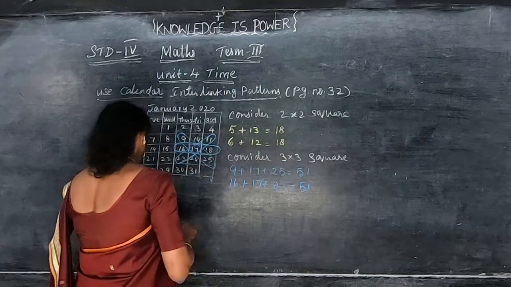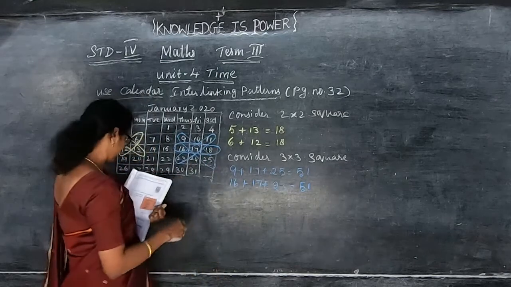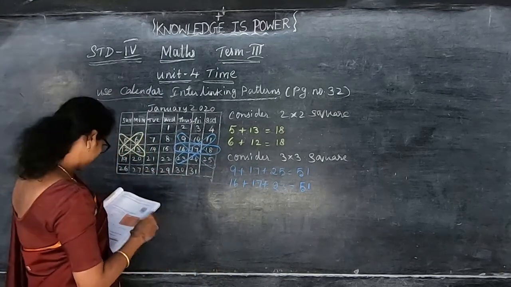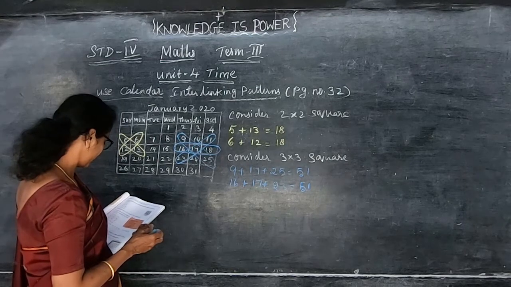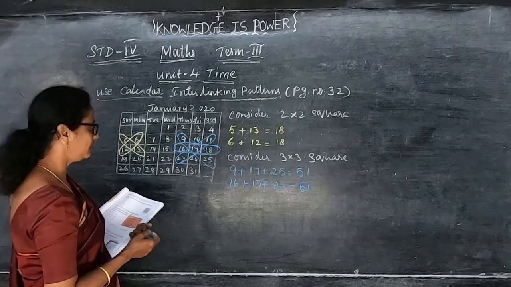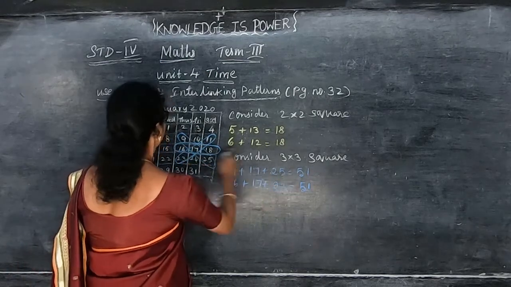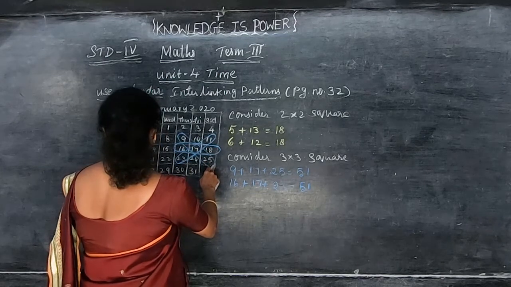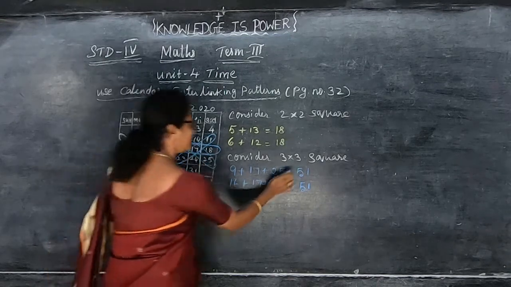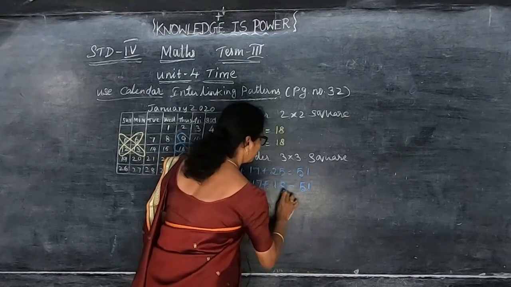And then the next number is 10, you see. 10, 17 and 24. So any number you can take. So already 9 plus 17 plus 25 you have taken, and 16 plus 17 plus 18. So that gives you 51.